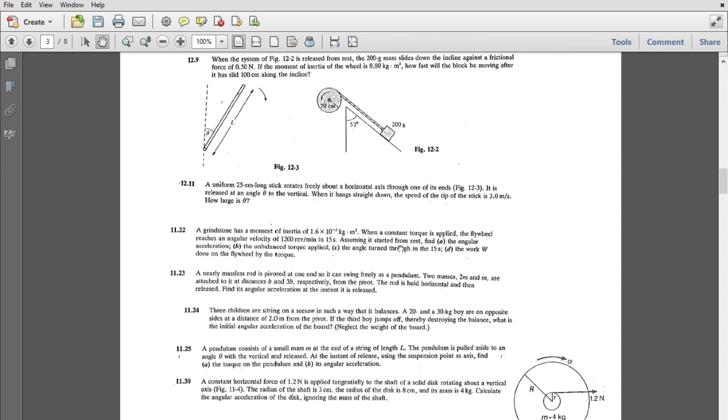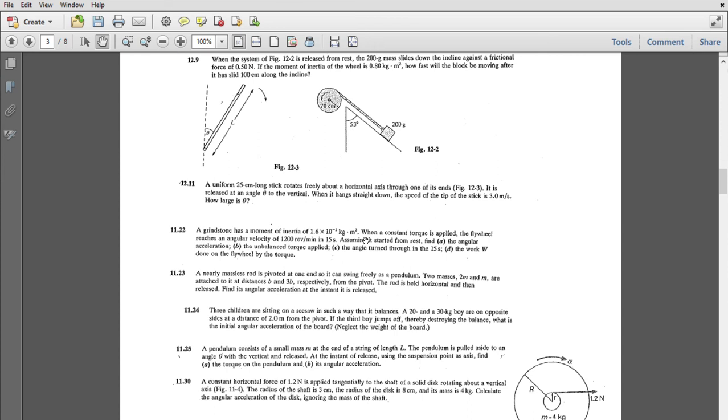C, the angle turned through in 15 seconds. So it starts from rest. We want to know delta theta in going from rest to the end of these 15 seconds. There are several ways to do it, but we could use omega final squared equals omega initial squared plus 2 alpha times delta theta. We know alpha, we know omega final in SI units, we know omega initial is 0.